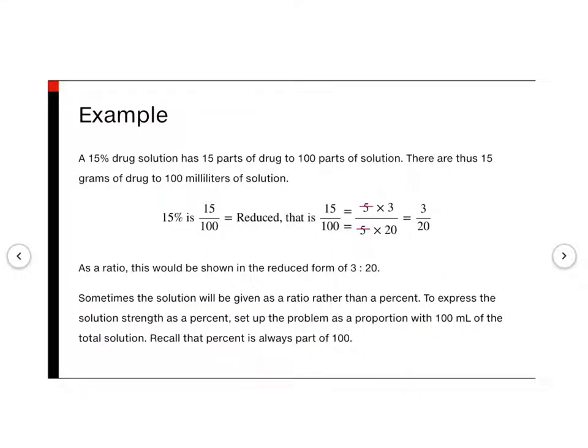So moving forward in your text, they do give us an example that says, well, if I have a 15% drug solution, that means that we have 15 parts of that drug, and it's been diluted into 100 parts of a solution, which makes sense because remember, anytime we're dealing with any type of percentage, as we talked about in the first video, percents always represent something out of 100.